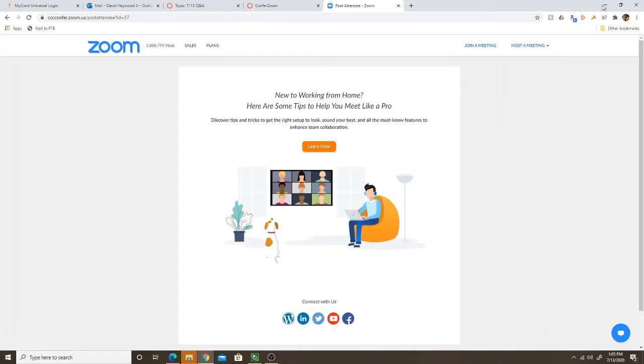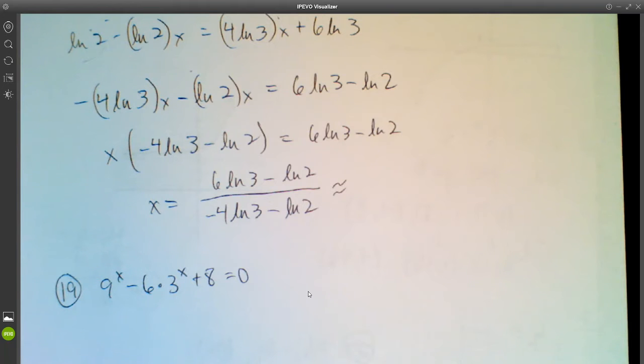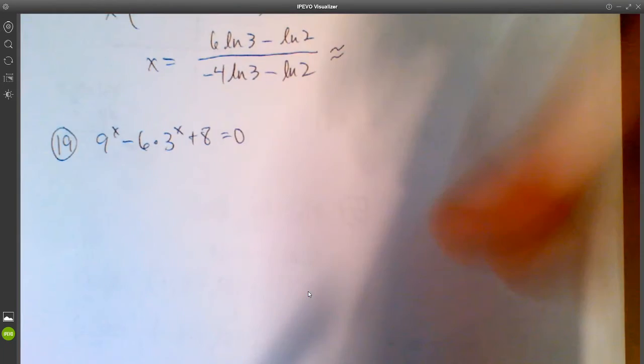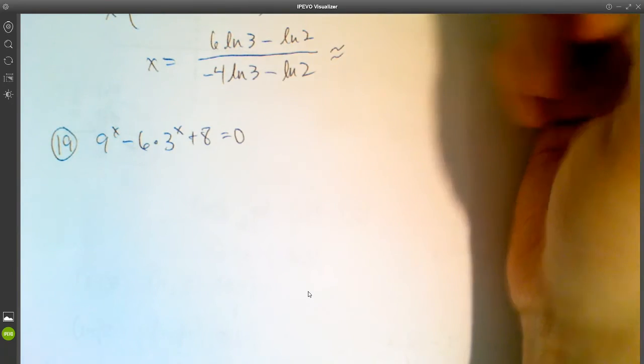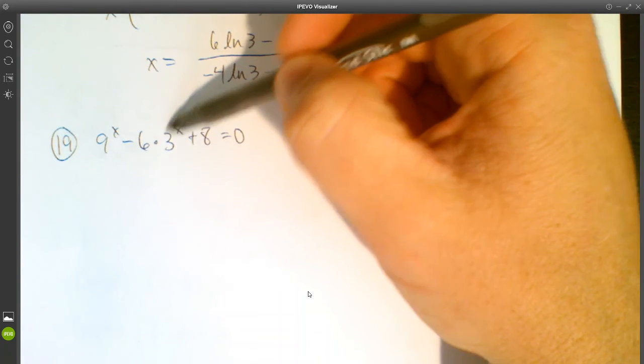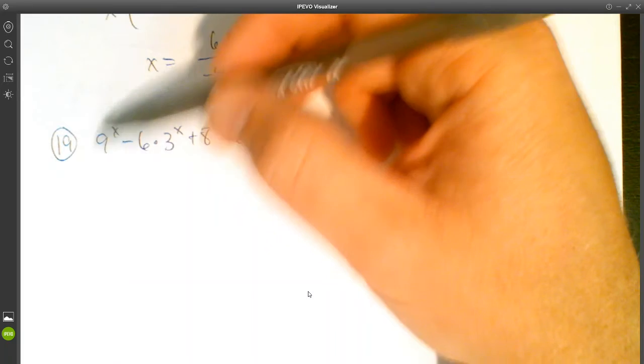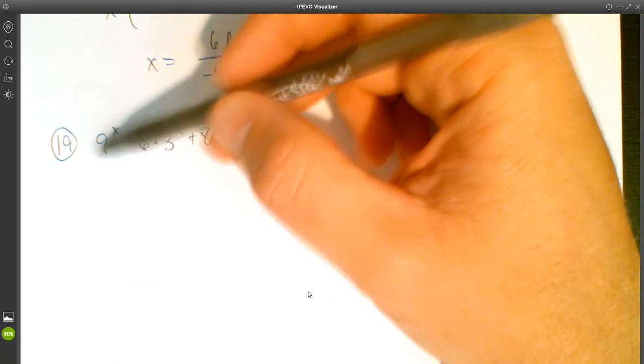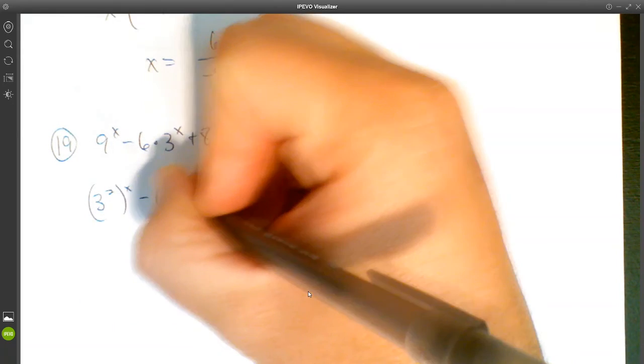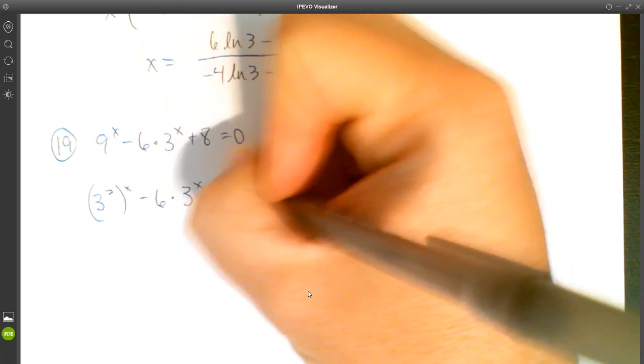You want to try, if possible, we would like to get our logarithms written in terms of the same base. This exponential is base 3, this exponential is base 9, but I can always rewrite a 9 as 3 squared, right? So this is really 3 squared to the x minus 6 times 3 to the x plus 8 equals 0.